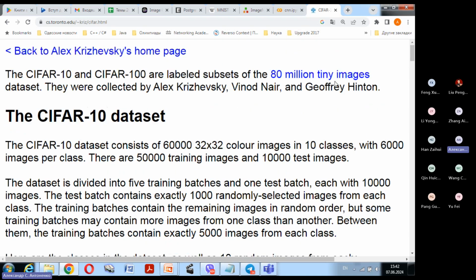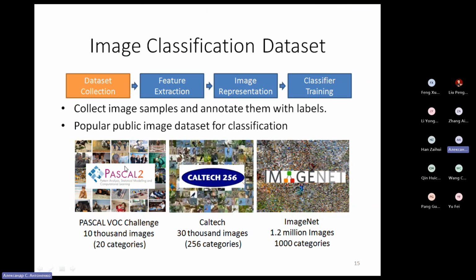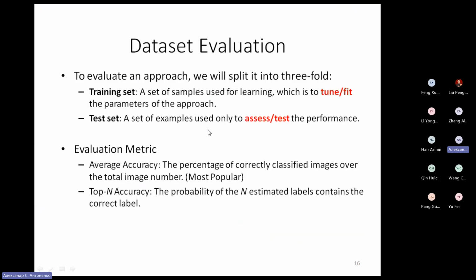But in your laboratory work you can use any data set you find on the internet. So we need some data set. We can collect it by ourselves, or maybe we can use some public image data set.